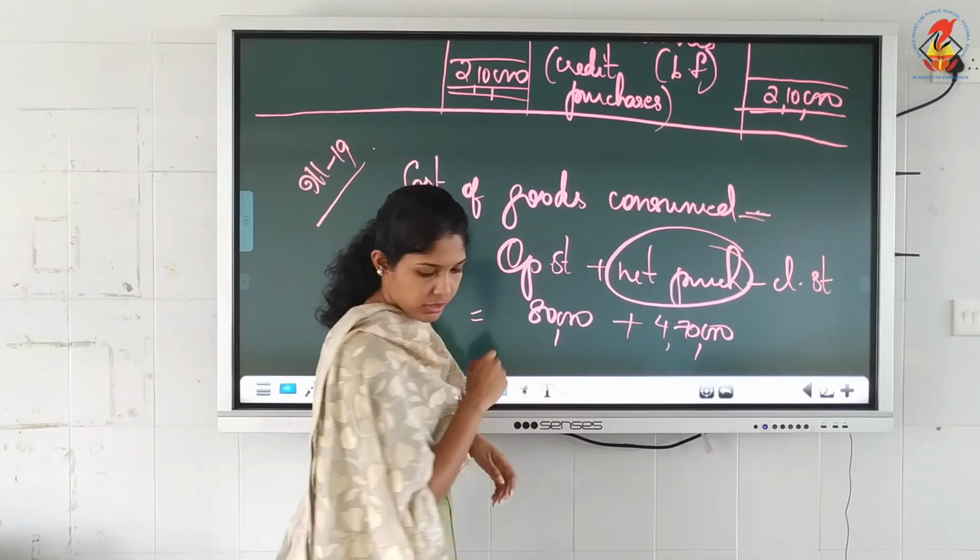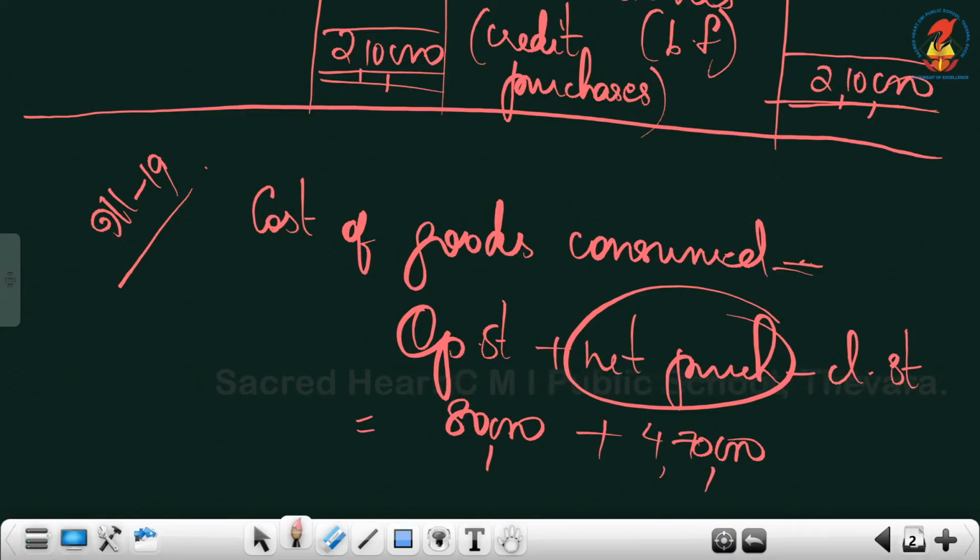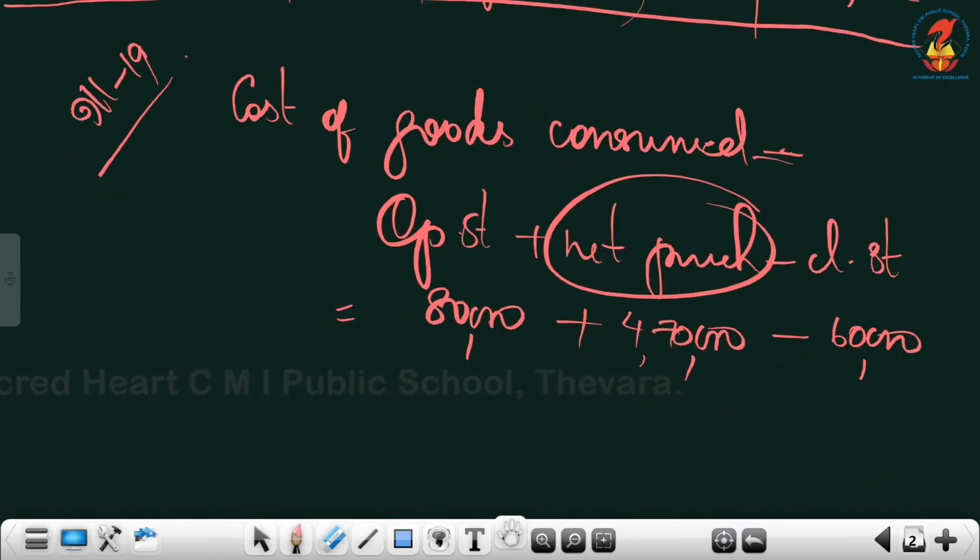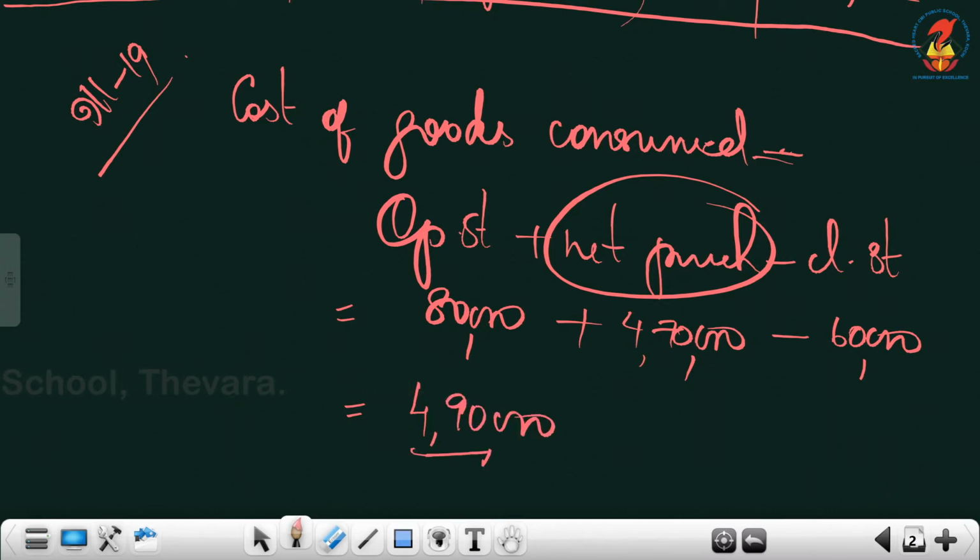Opening stock is also given in the question, 80,000. Closing stock is given, 60,000. So now cost of goods consumed will be equal to 4,90,000. This is the cost which you have to debit in income and expenditure account. Understood?